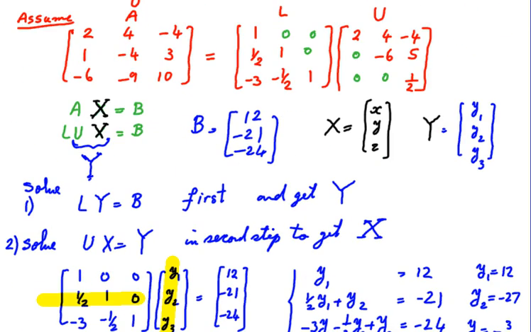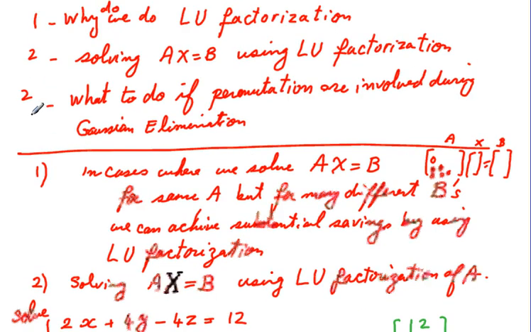Okay, the next objective we had was, well, what if you have some permutations involved in your Gaussian elimination? What if you had to shuffle the rows? Well, why do you shuffle the rows anyway? If the pivot number is 0, you cannot use it.